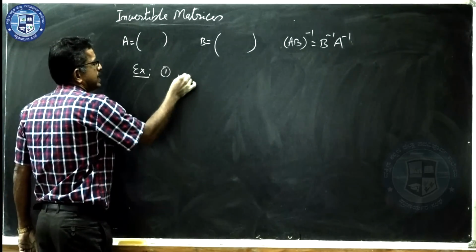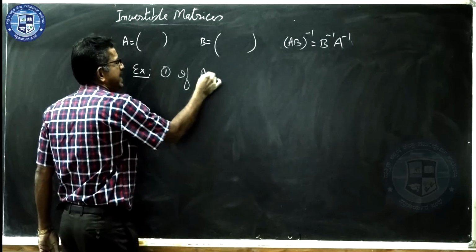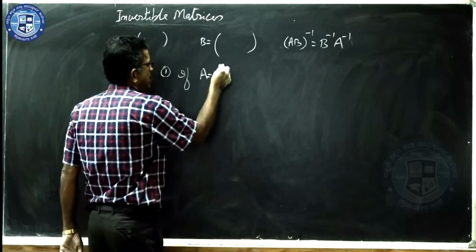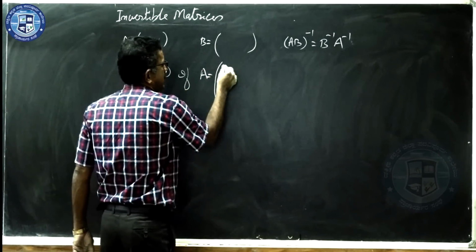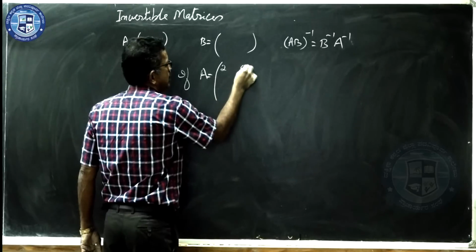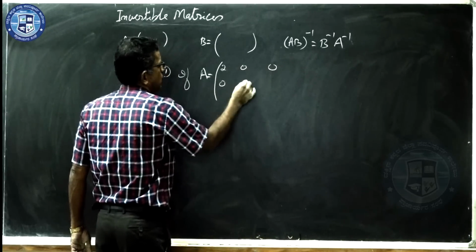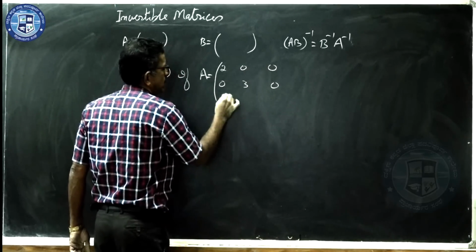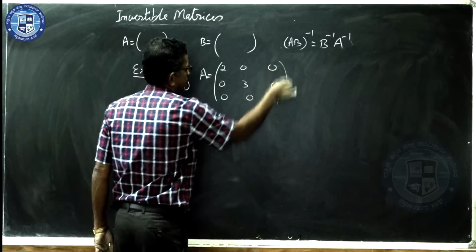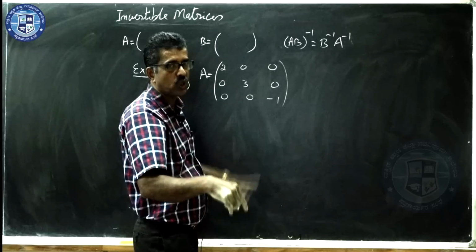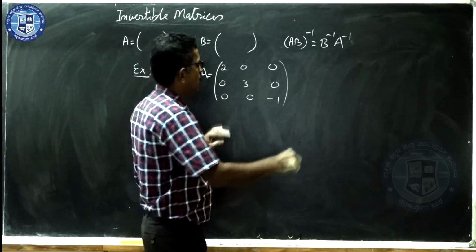Number one, suppose we take a 3 cross 3 diagonal matrix A: 2, 0, 0, 0, 3, 0, 0, 0, minus 1. We have already done the 2 cross 2 case earlier, that is why I take a 3 cross 3.